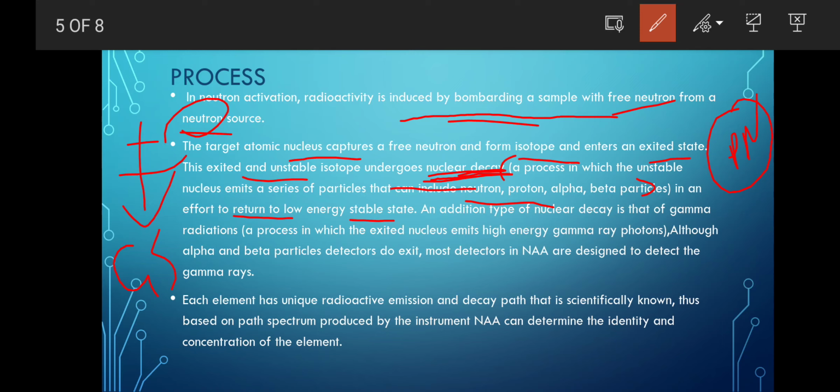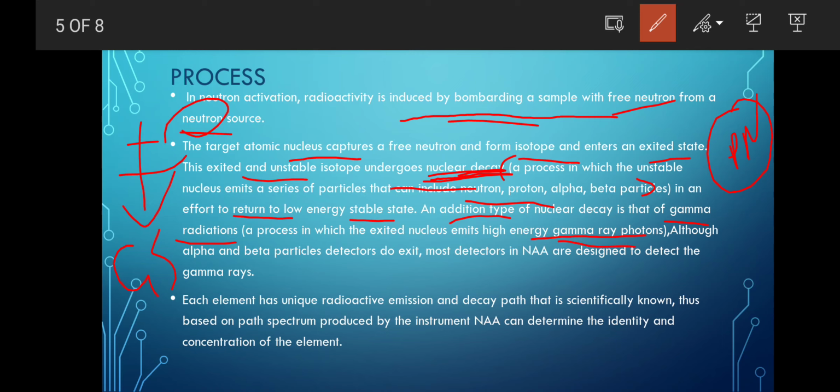In addition to this nuclear decay, gamma particles are given out, which is known as gamma radiation, a process in which an excited nucleus emits high energy gamma ray photons.